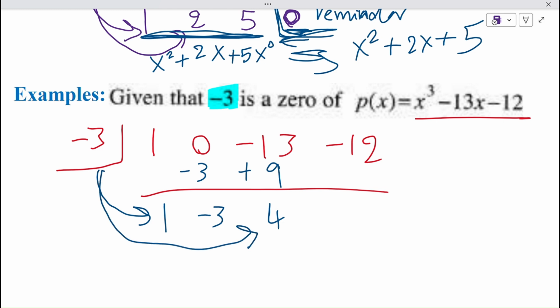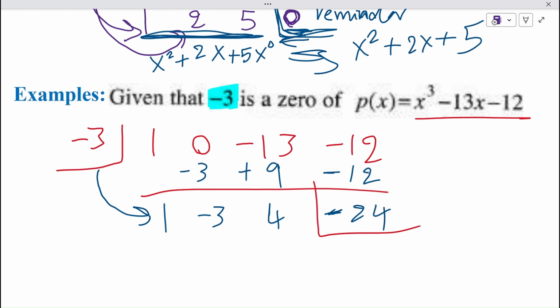Minus 3 times 4 is equal to minus 12. Minus with minus, you have to add it and write with the sign of minus here: minus 24, so the remainder is 0. I told you, every time this is a remainder, I started from here.